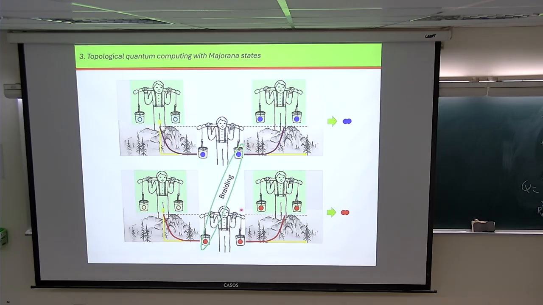Anyway, if you want to measure this charge, you still have to gain energy, so you have to bring them back to finite energy, to fuse them. Then you can measure them, because if they stay at zero energy, you cannot really measure their occupancy.